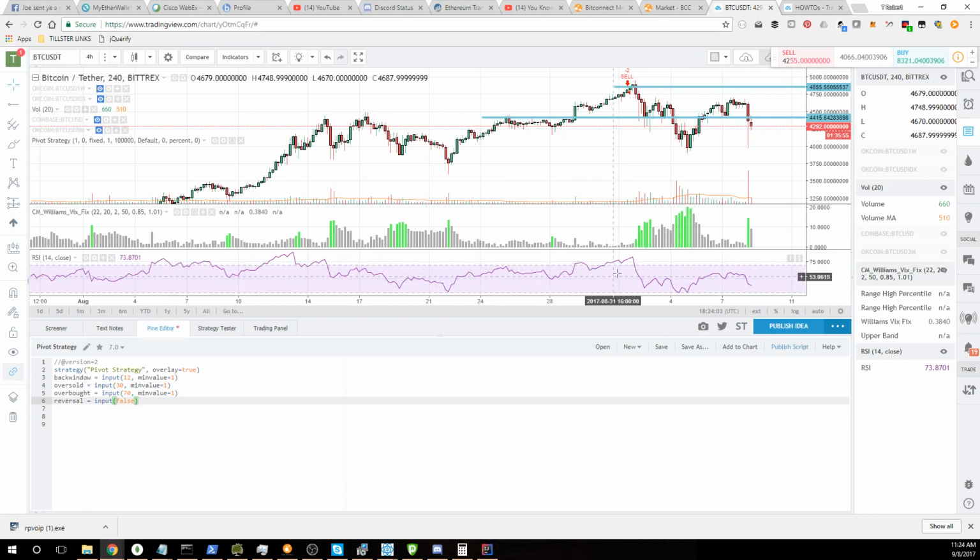So if we see a crossing and the reversal hasn't happened yet, this will be our move above. We're going to assume that we start in the middle, and then going above or below will cause reversal to become true, and then going above or below when reversal is true means that this is our signal, because we're looking for the cross above followed by the cross below.